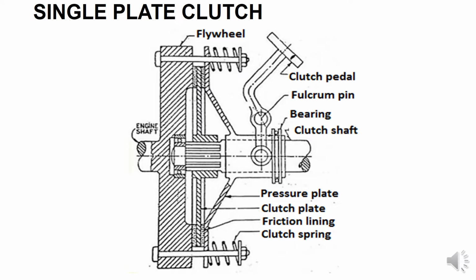So the friction lining is highly in contact with the flywheel, and the power is transmitted from flywheel to clutch shaft.